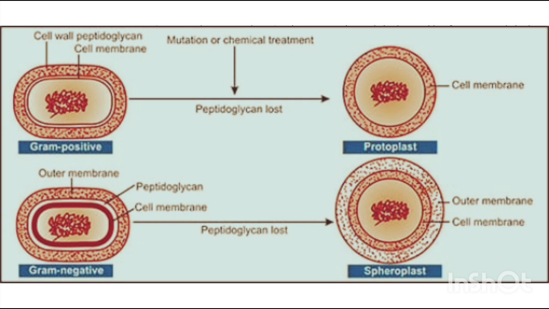But in case of gram-negative, we have cell membrane, then peptidoglycan, then lipopolysaccharide layer. So in case of gram-negative, to form a spheroplast, we have to remove that peptidoglycan component.